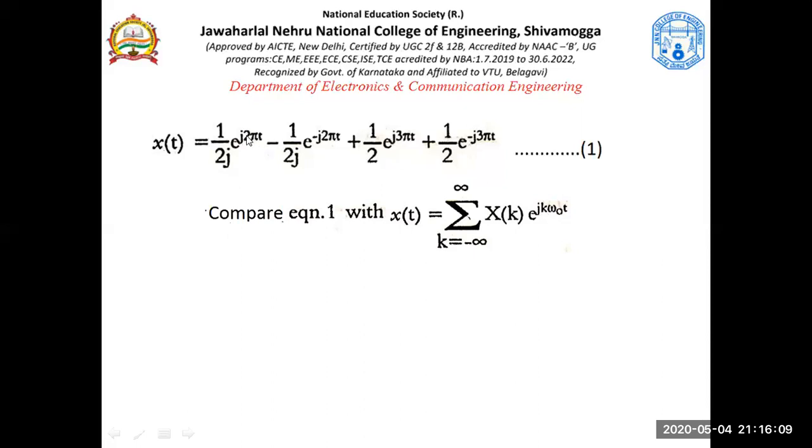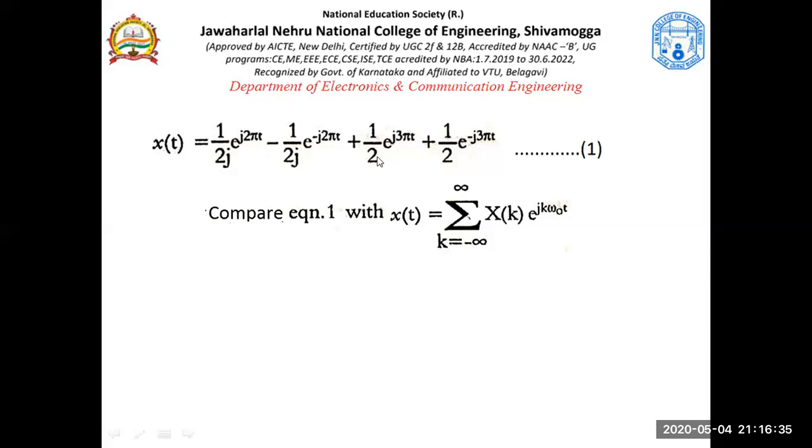If this k is 2, this is x of 2, so this is the coefficient at k equal to 2. What is k here? k is minus 2. If you compare these two, k is minus 2. So this is x of minus 2, the coefficient at k equal to minus 2.